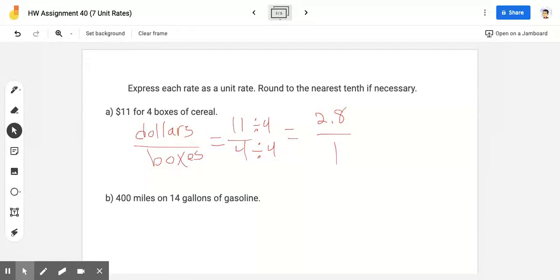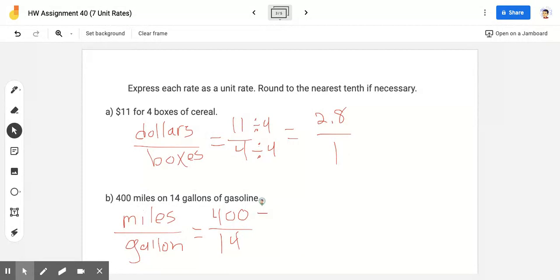All right. Take a look at B. 400 miles on 14 gallons of gasoline. So we're talking miles per gallon. All right, so we have 400 miles for 14 gallons. Let's see how far we can get on just 1 gallon.